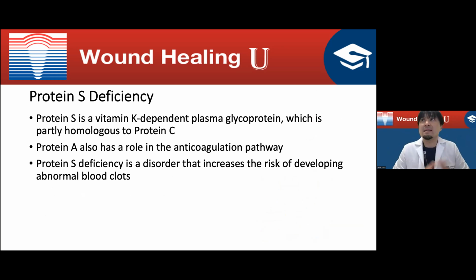And the next one is protein S deficiency, which is similar to protein C deficiency, because protein S is another anticoagulation factor, which is partly homologous to protein C. So it also has a role in the anticoagulation pathway, and its deficiency increases the risk of developing abnormal clots.